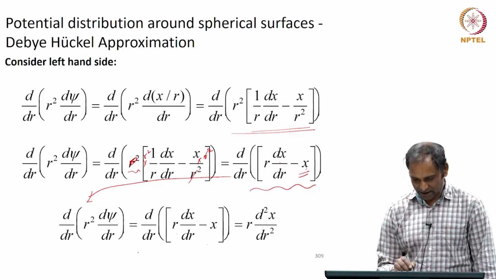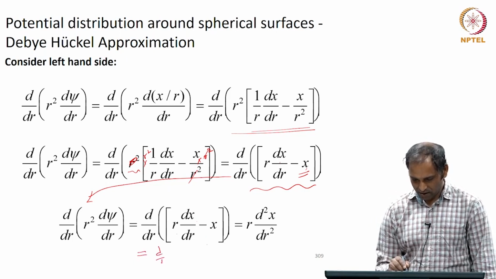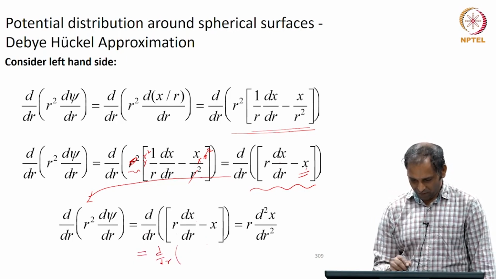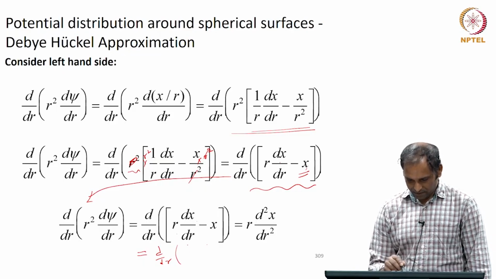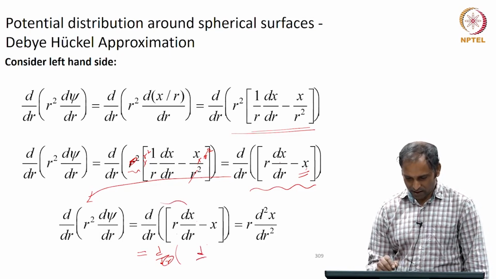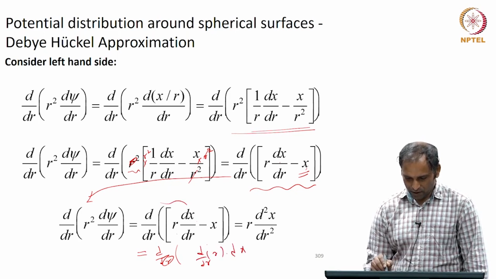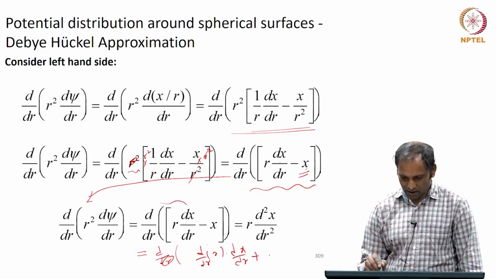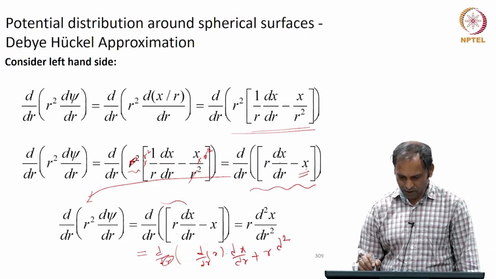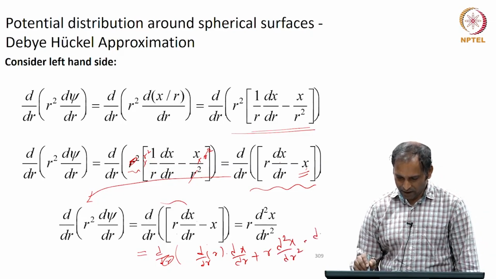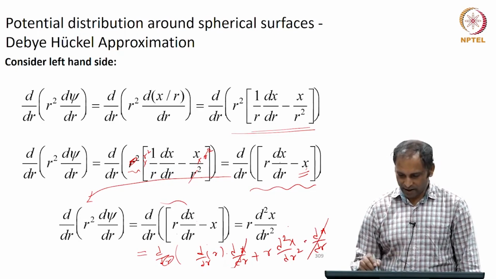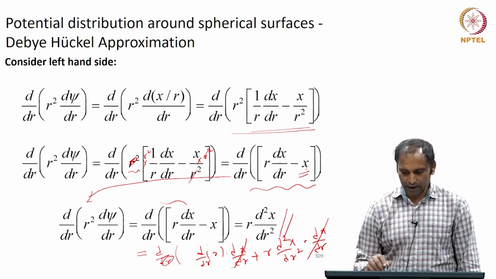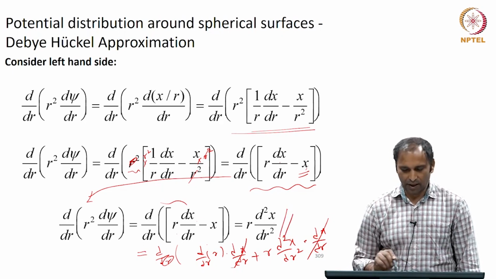I can further expand this, again using the product rule: d by dr of r into dx by dr plus r into d square x by dr square minus dx by dr. The dx by dr terms get cancelled, and essentially you are left with r into d square x by dr square.